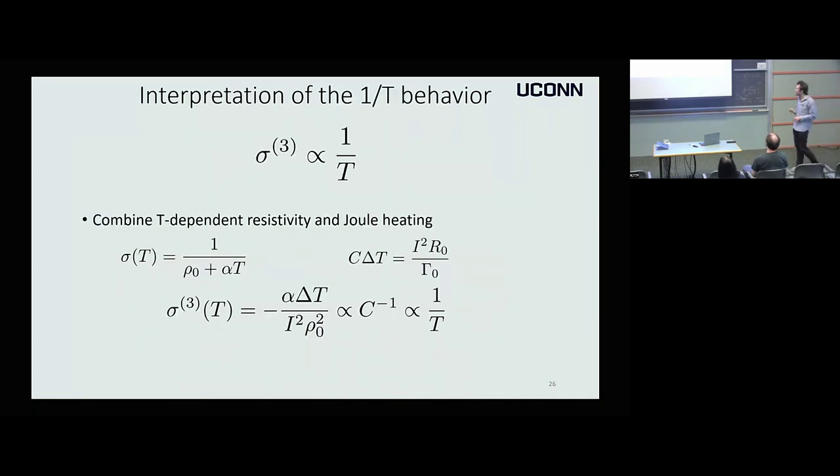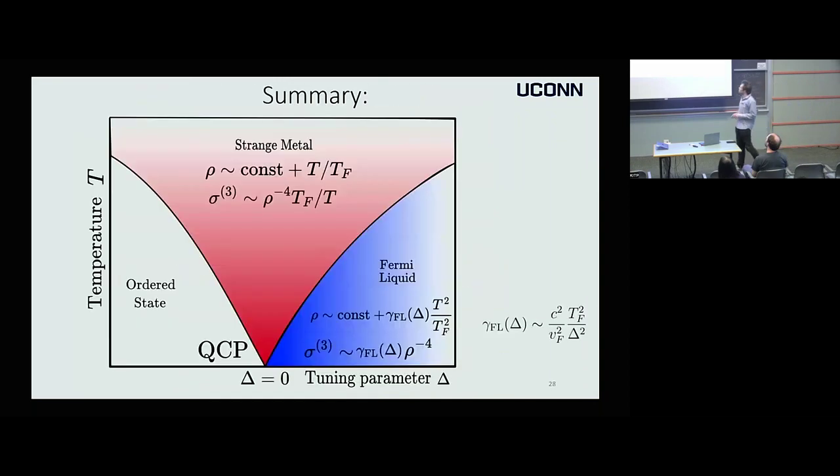So let me now round up what I told you. Here's what we add to this nice phase diagram you've seen many times. What we knew before is that we have resistivity that goes as T squared in a Fermi liquid. There is a prefactor here that, when you go to some, let's say, quantum critical point, is going to blow up.